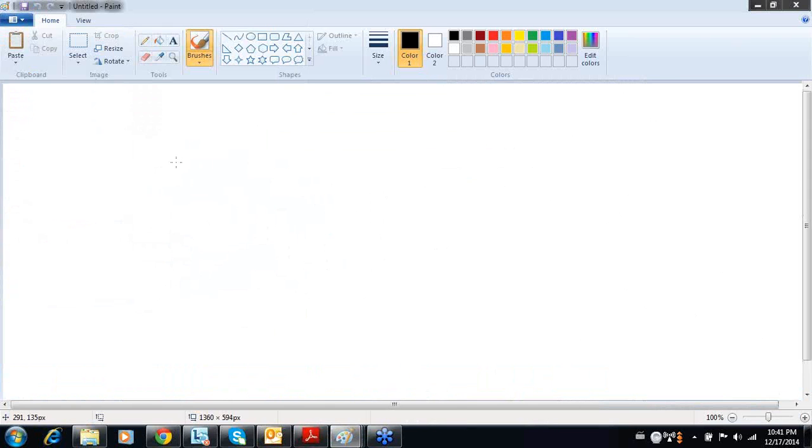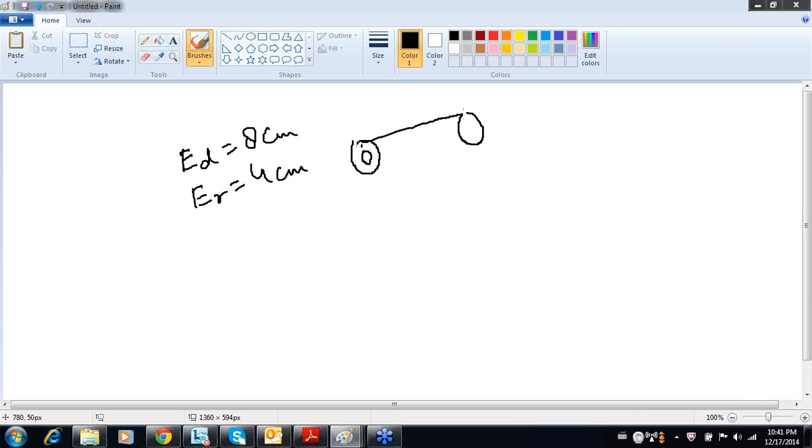Okay, so it is saying external diameter is 8 centimeter. So external radius will be what? 4 centimeter. Now thickness, see how it is like this. Iron pipe is like this.